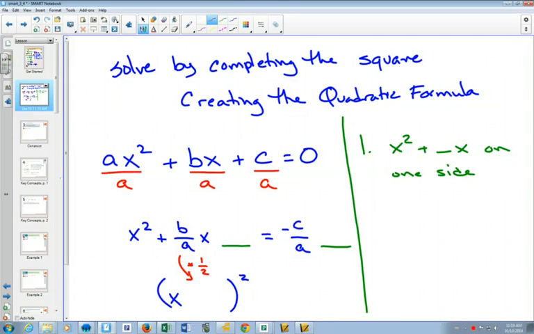What happens when you take b over a and multiply it by 1/2? How do you multiply fractions? Don't need a common denominator for multiplying, right? How do I multiply b over a times 1/2? Multiply the tops, multiply the bottoms. Can you see that I would get b over 2a? So this will become plus b over 2a.